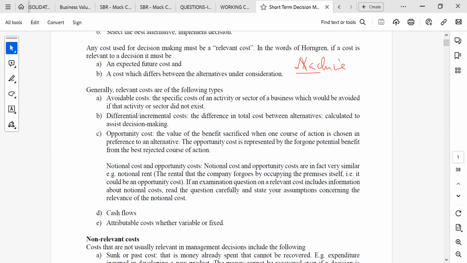If you want to rent the machine, you will be renting the machine for 25. Now your father is giving you the machine to use. You are just trying to say, okay, if I should go and rent the machine, what will be the amount that I'll be paying? Or how much would I be renting the machine? So that particular cost that you are trying to estimate is what we call the notional cost.